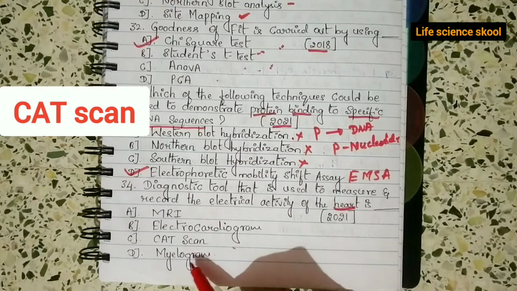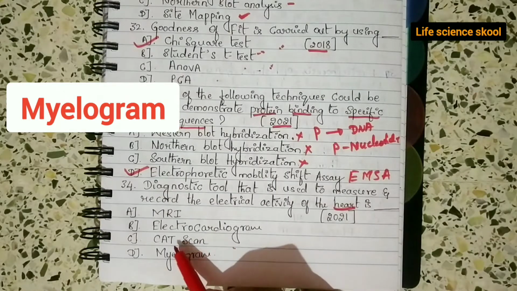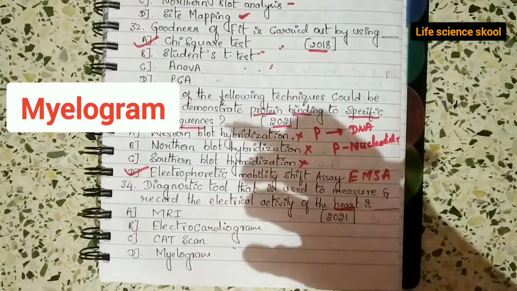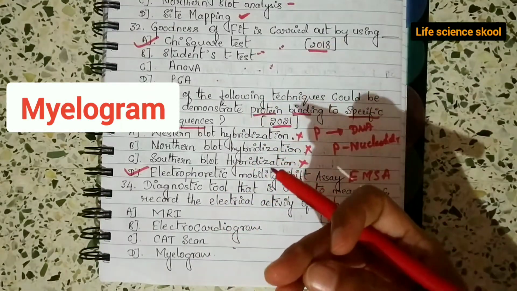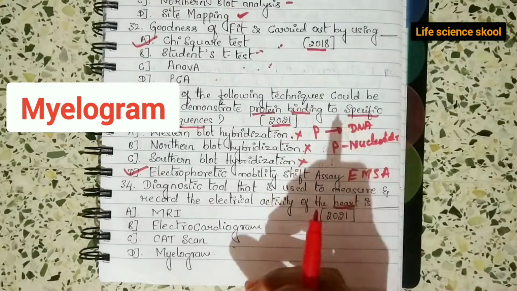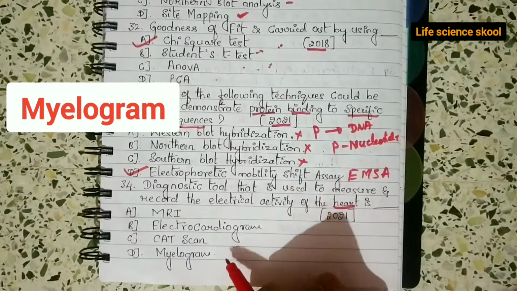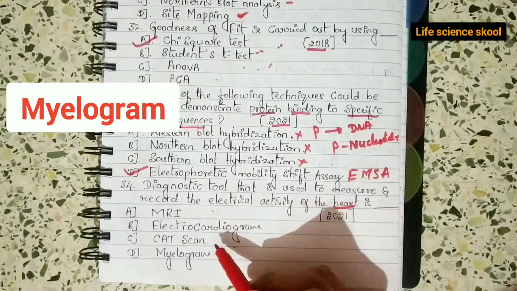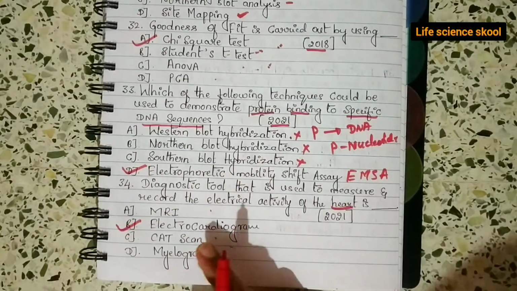And myelogram, also called myelography, uses a combination of contrast dye, X-ray and CT scan, and using those three gives information about the spinal cord. So these three are not the correct answers. Option B, electrocardiogram, will be the correct answer.